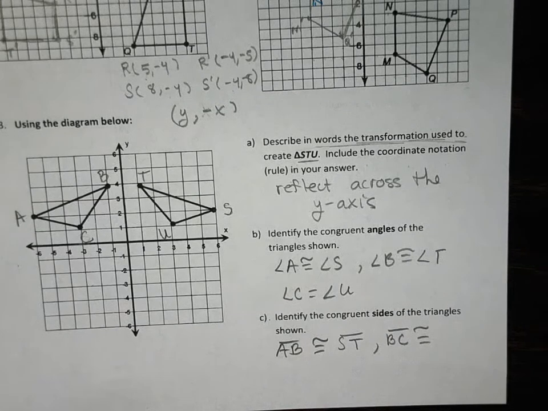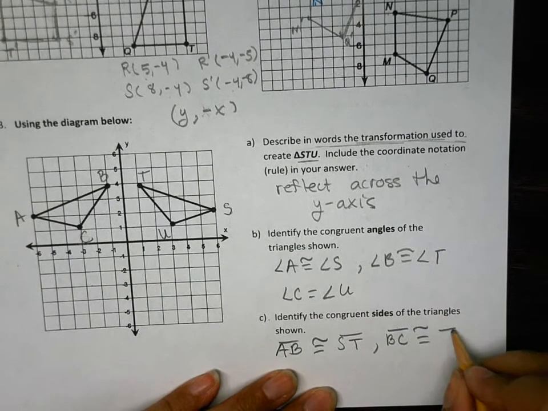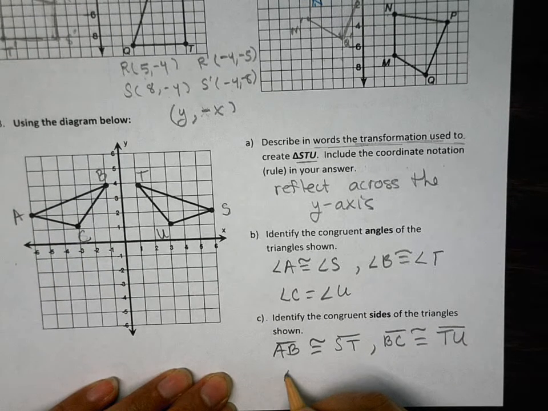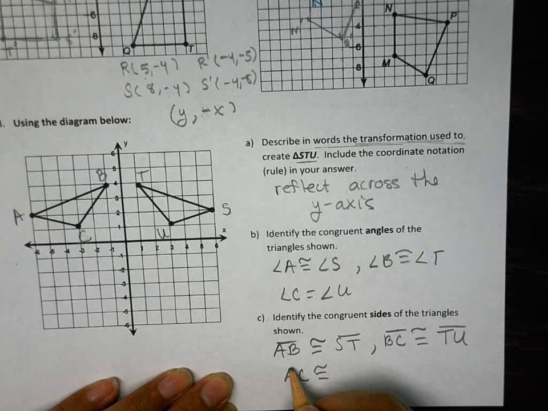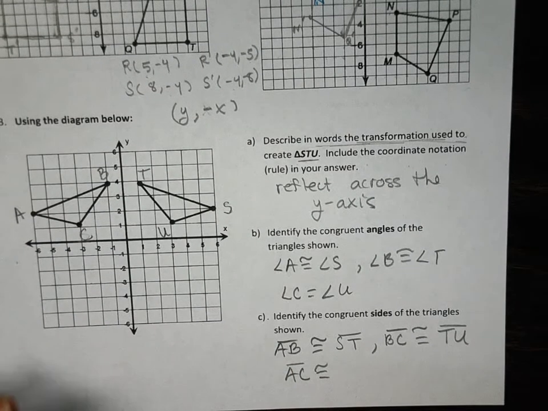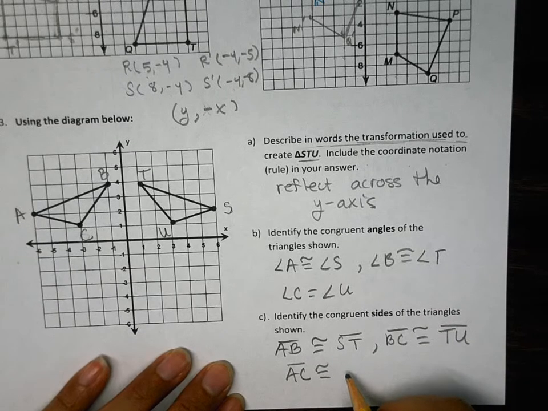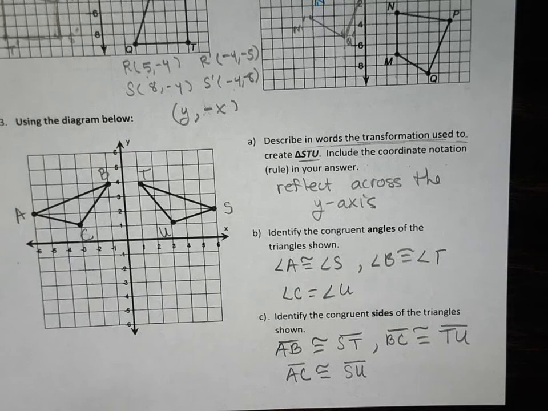What is BC congruent to? TU. Good job. I have AB, BC, and I'm going to do AC last. And I'm going to call on Cole. What is AC congruent to? What side? SU. Yes? Okay. Any questions?